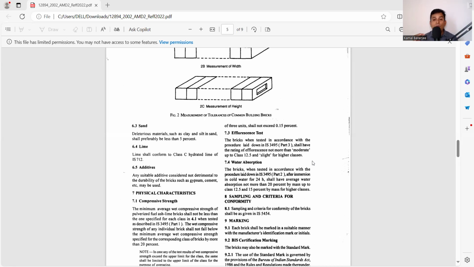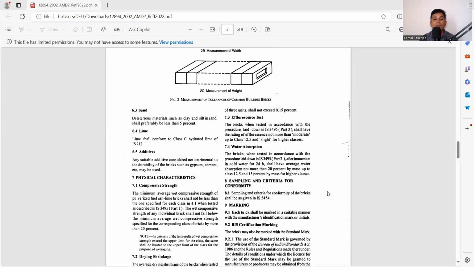That means up to 12.5, the efflorescence should be moderate, and above 12.5, it should be slight. So according to that, we need to satisfy the criteria of our project. If our project requires class 15 bricks, we need to satisfy that the efflorescence falls in the higher, slight classes.